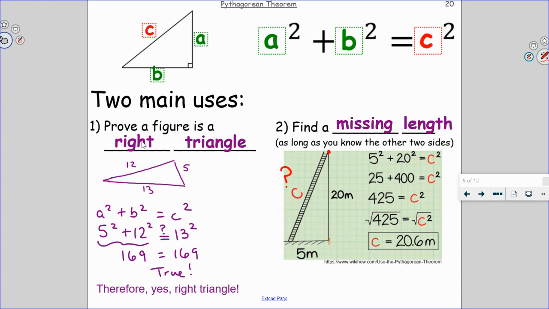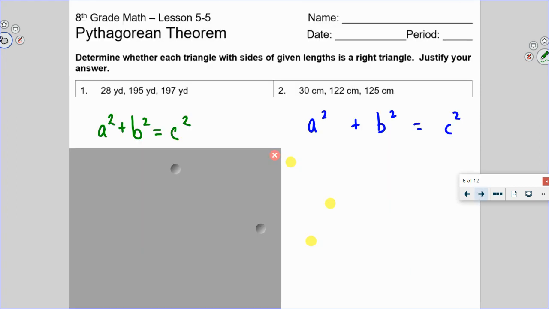We're going to teach you how to use the Pythagorean theorem to actually find the measurement of that missing length. So two main uses. Number one, prove it is or is not a right triangle. Number two, if you already know it's a right triangle, then you can use that theorem to solve for a missing length.